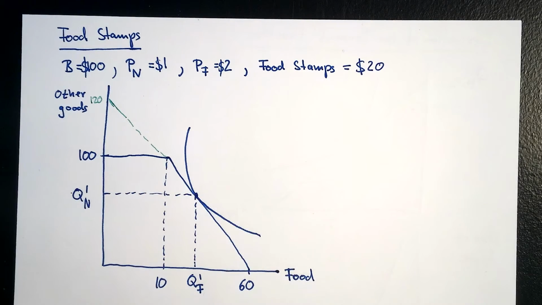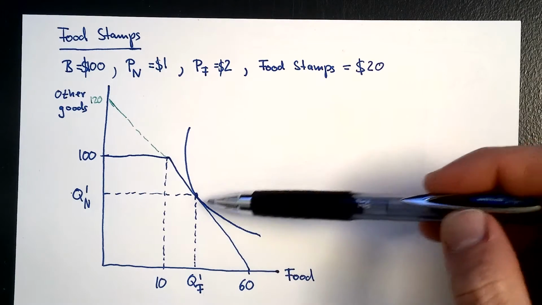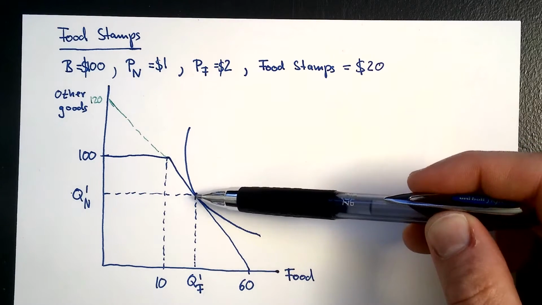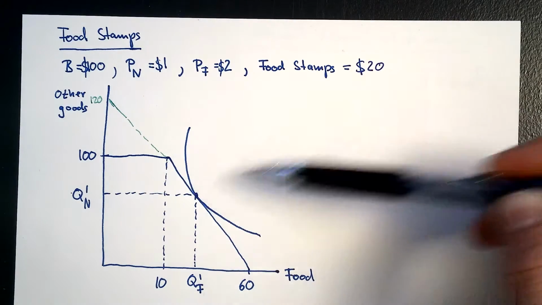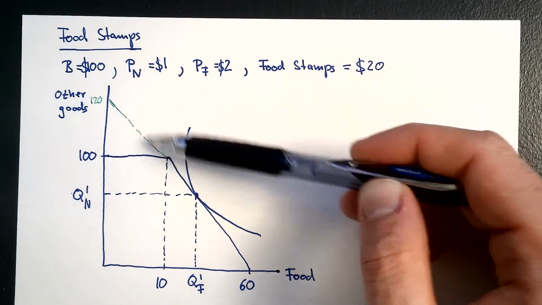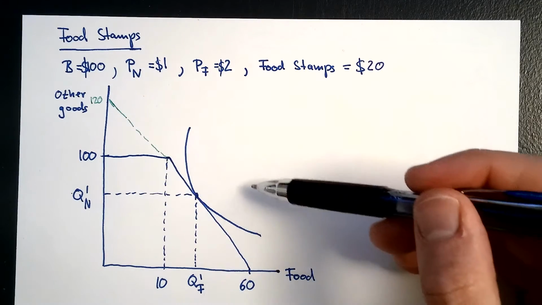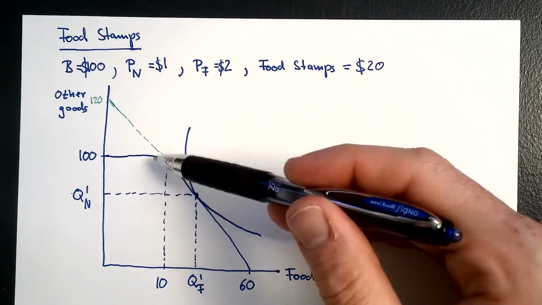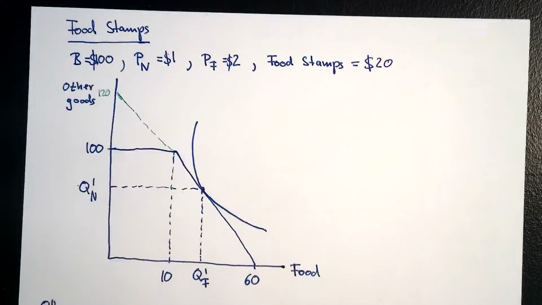Okay? Now here, note that how this is drawn, the consumer is unaffected if you give the consumer the food stamps, or if you actually have a cash payment. Okay? It will become clear what exactly this means when we look at a second case.